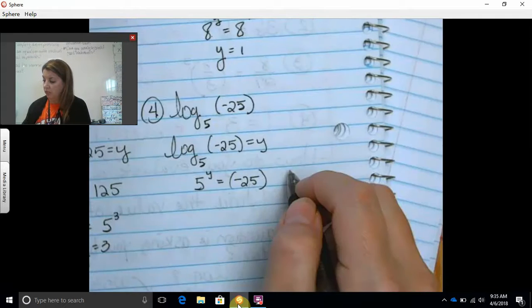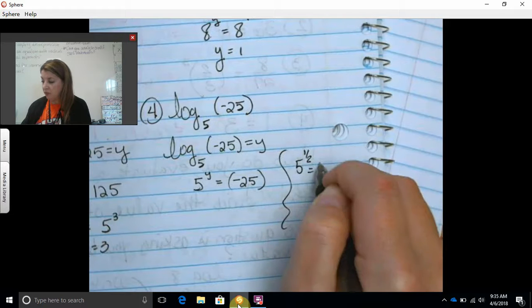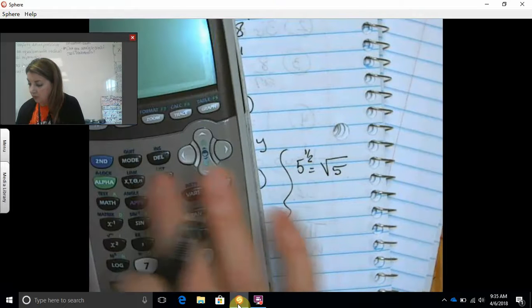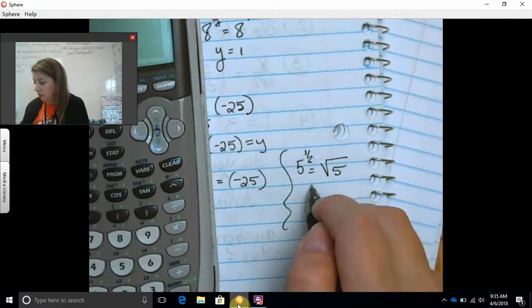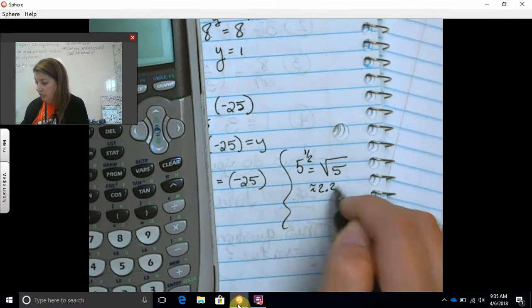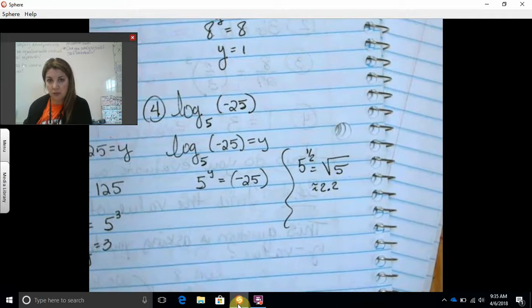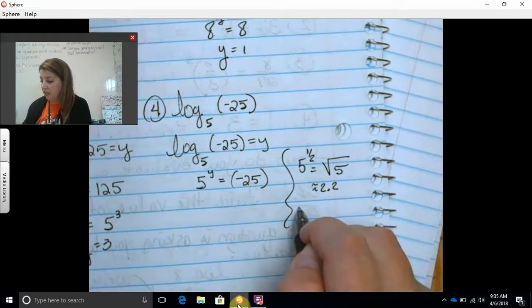Okay, let's see. If I did 5 raised to the 1/2, that's the same thing as the square root of 5, right? And the square root of 5 is approximately 2.2. Is that going to work? No, we need it to be negative 25. Can we rewrite it as 5 raised to the negative 2?